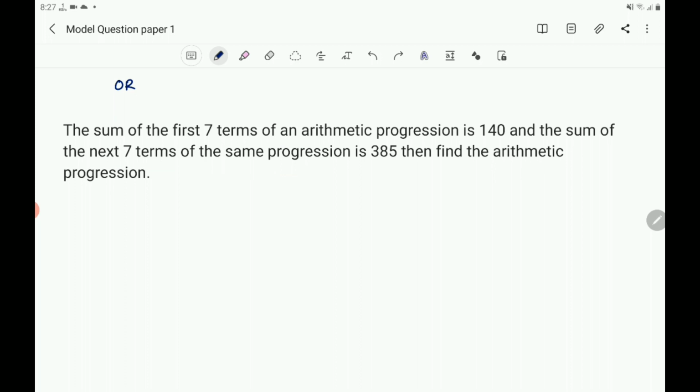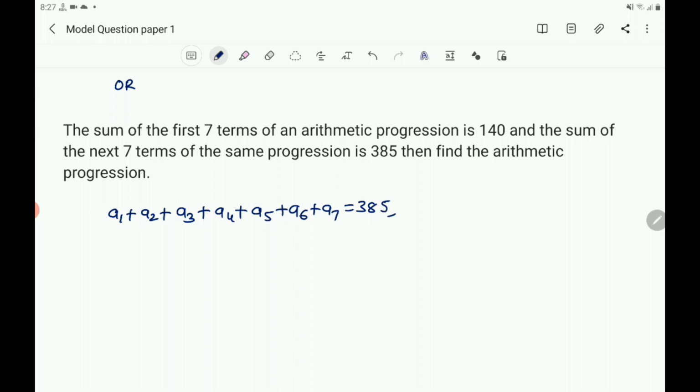Here what is given? A1 plus A2 plus A3 plus A4 plus A5 plus A6 plus A7 equals 140.